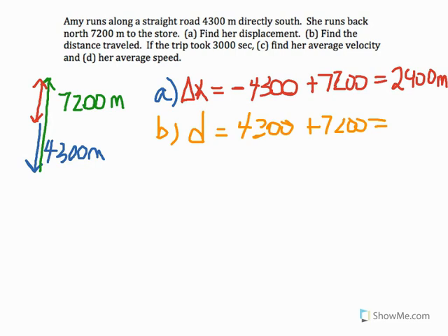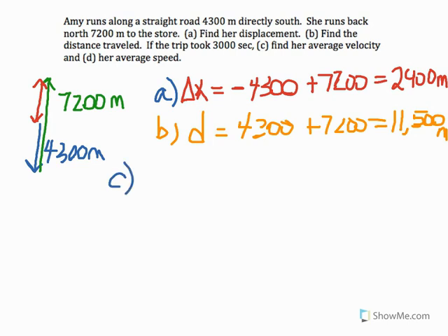And that's going to give me 11,500 meters.